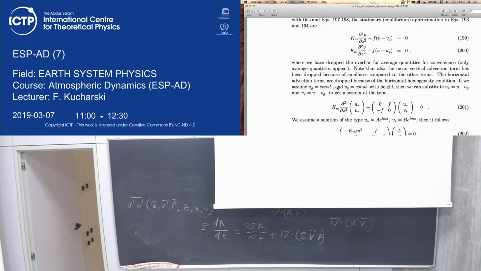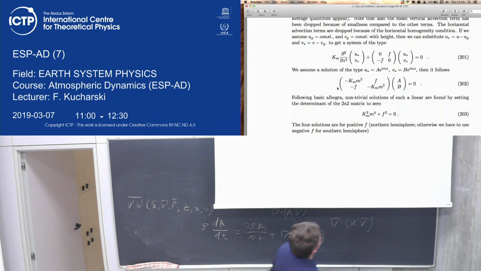So we can try what happens if we assume solutions of this type. Any solution could then be superimposed by Fourier series using what we find in our characteristic equation. Our solution should oscillate in the vertical direction with amplitudes A and B. So we insert this here, and we find what we found many times before: a system of two equations for our two amplitudes.